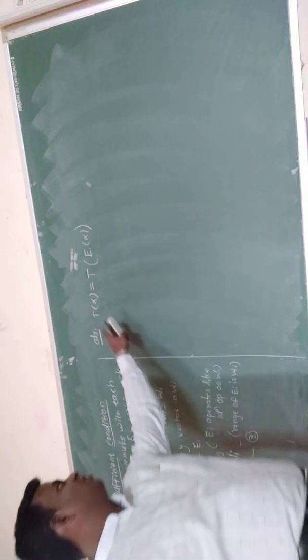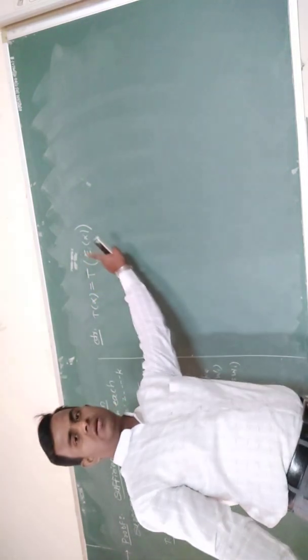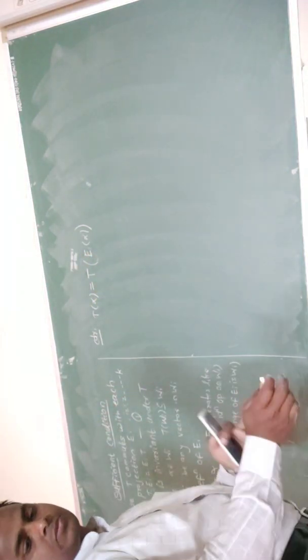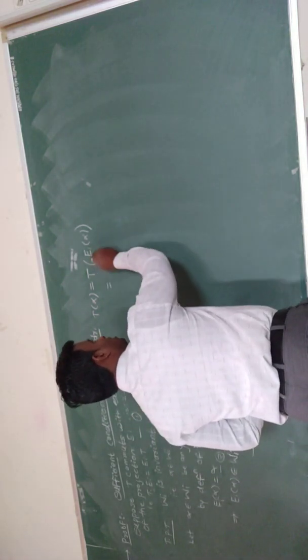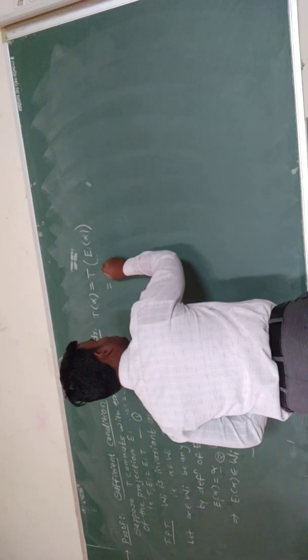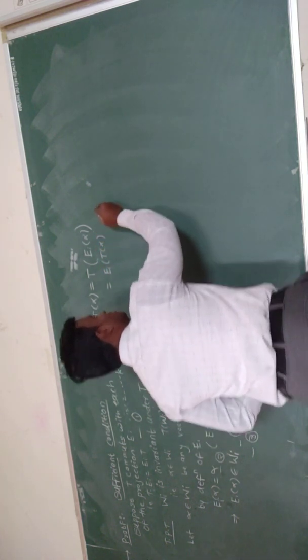So considering T of alpha, T of alpha means E_i of T of alpha. Now, T commutes with each E_i, so E_i into T of alpha.